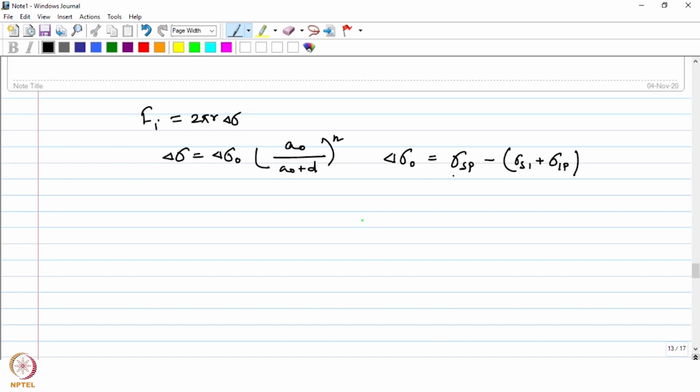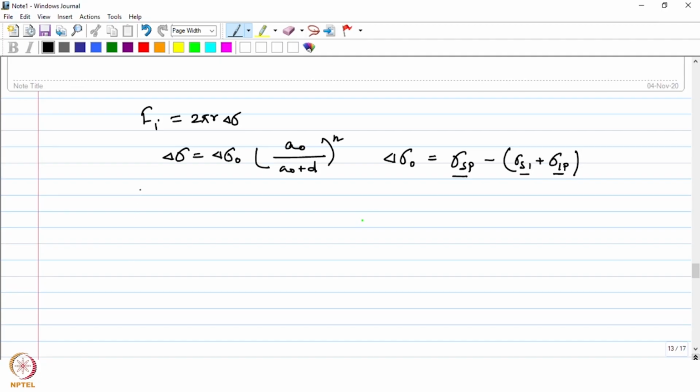Sigma Sp is the solid particle interfacial energy, sigma Sl is the solid liquid interfacial energy, and sigma Lp is the liquid particle interfacial energy.